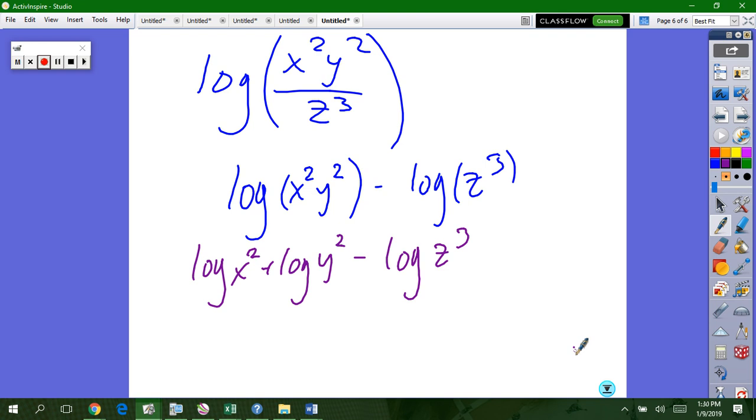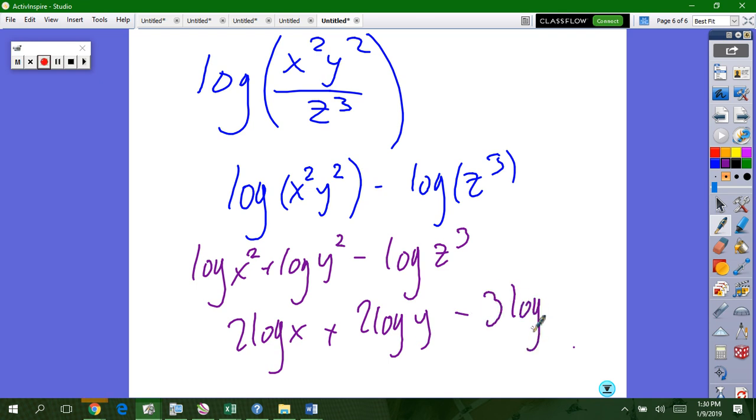Am I done? What's the last thing I got to do? Bring out all the powers, right? So all the powers would be what? 2 log of x plus 2 log of y minus 3 log of z. That is a full expansion of that log.